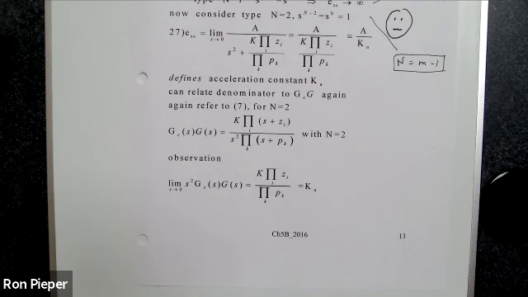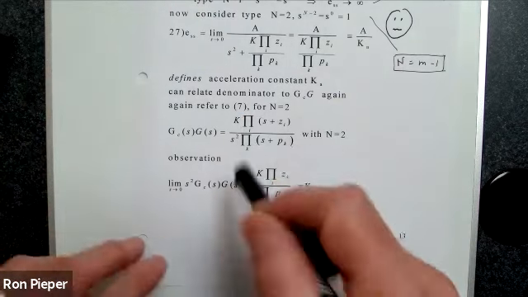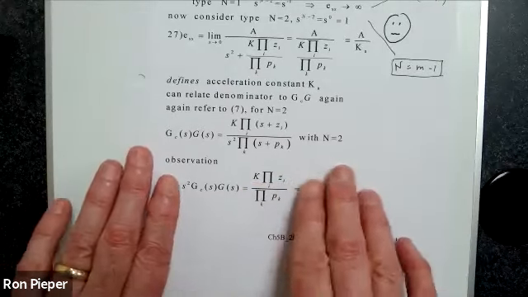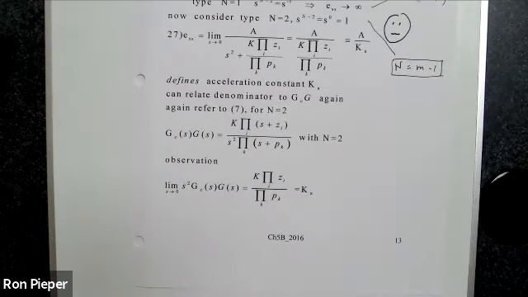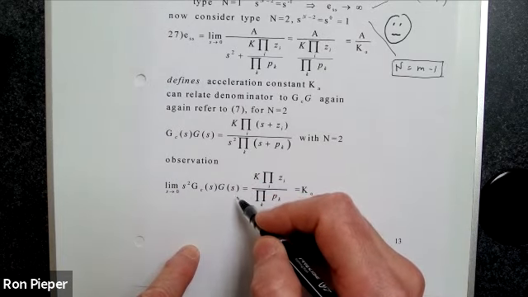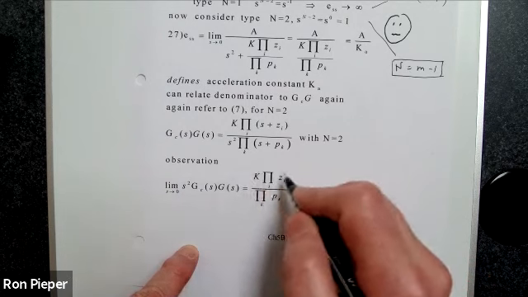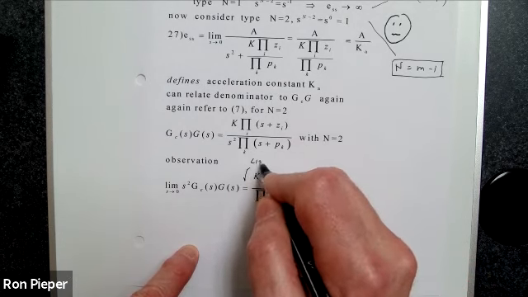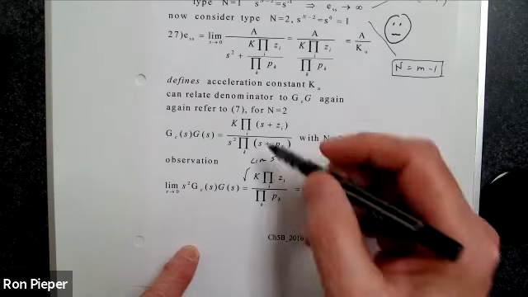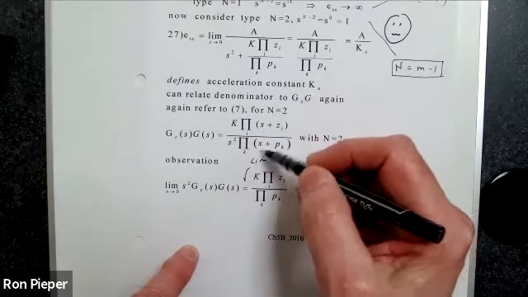And we can play the same trick. We can multiply both sides by s squared. Then, once you multiply by s squared and take the limit s going to 0, that forces the s to go to 0 here and 0 here.